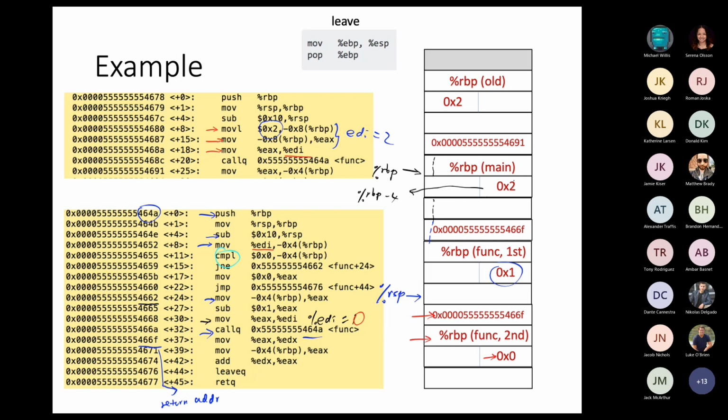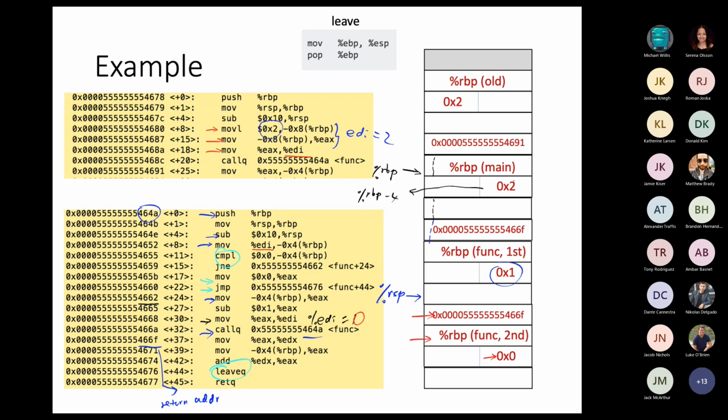So we won't jump, we stay. We move 0 into EAX, and we jump to 4676. 4676 is right here. We do a leave and a return. It seems like we no longer do the recursive function call, and we exit the program.